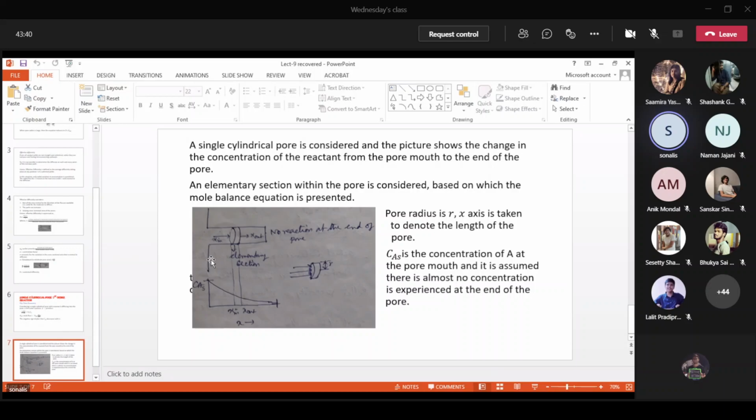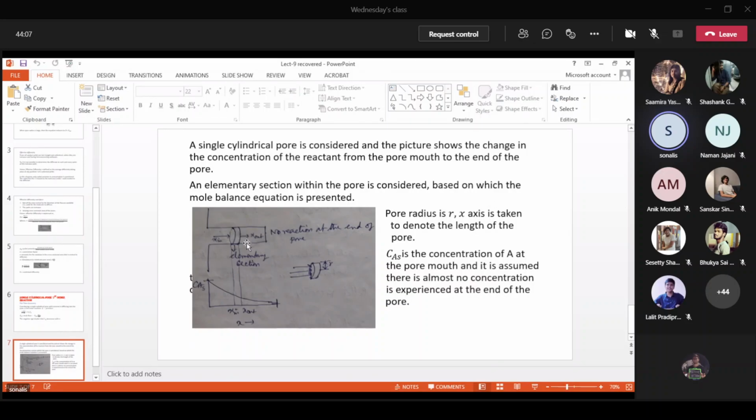X in is the mole fraction of A entering this small elementary section we have taken, almost from the pore mouth, and X out is the mole fraction of A going out of the elementary section.